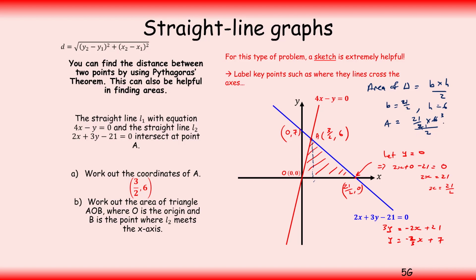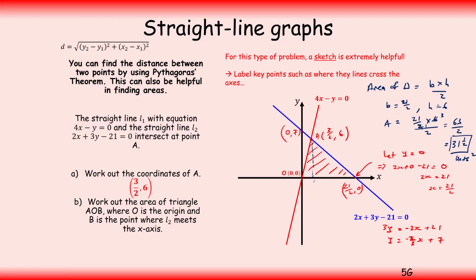So 63 over 2, which is 31.5, and that's going to be units squared. So that's our area. Job done. Units squared.